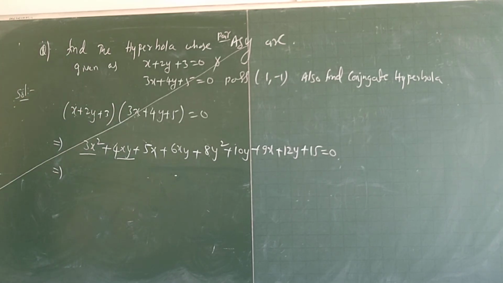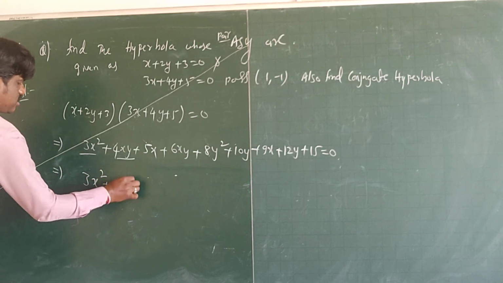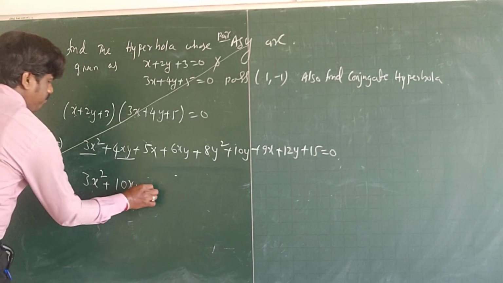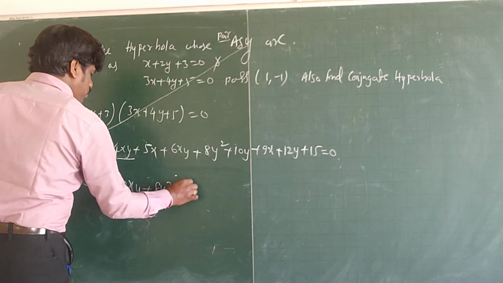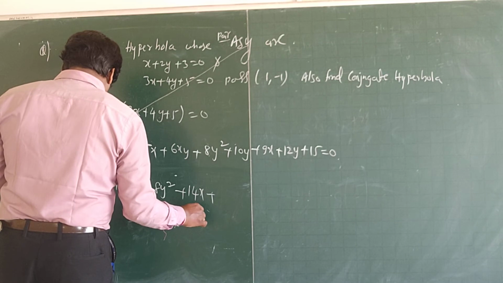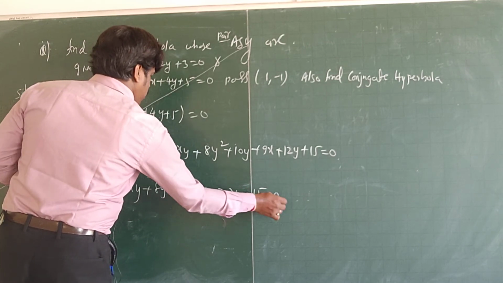Here you are getting 3x square plus 10xy, xy plus xy is 10xy, plus 8y square, and you are getting plus 14x and then you are getting here 22y plus 15 is equal to 0.